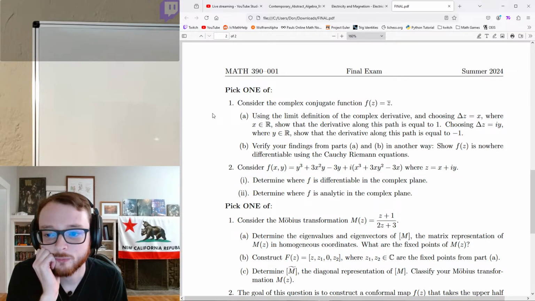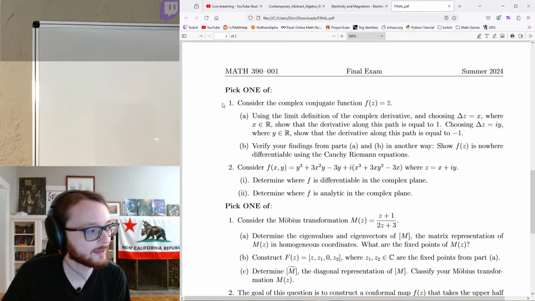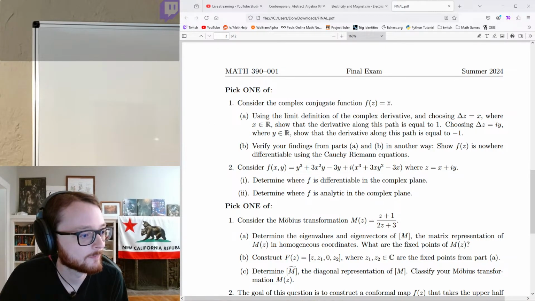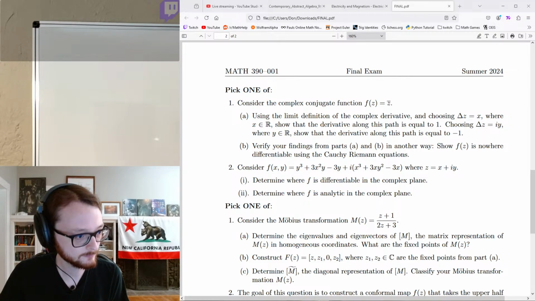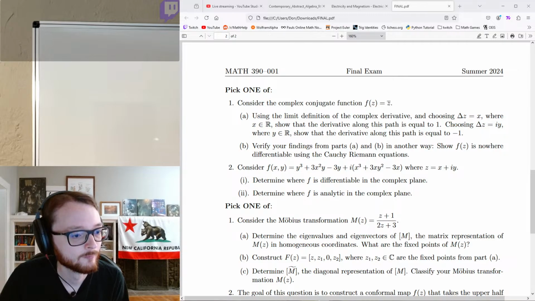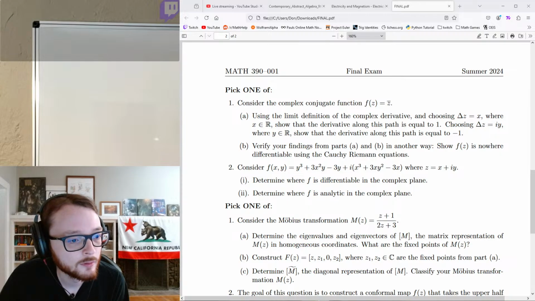Yeah, we can split it up into... I want to look back and see if I can dig up the definition of a complex derivative to make sure that I'm on the right track here, but we take z equals x plus iy, and we can do like a multivariable limit.